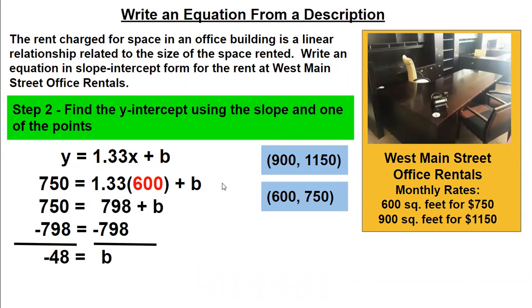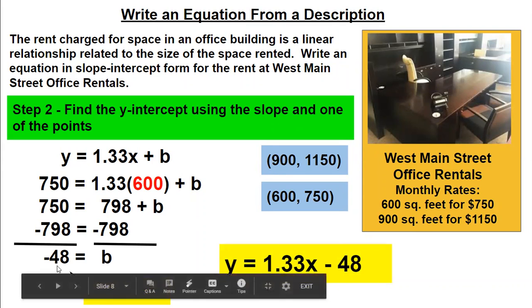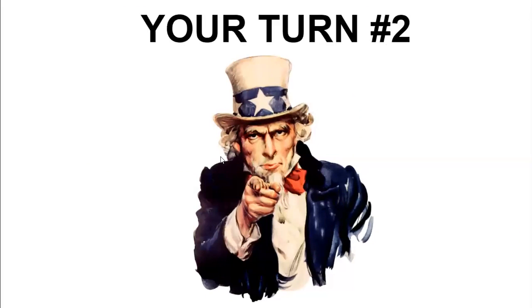That is my y-intercept. So our equation then is y equals 1.33x minus 48. Why is it minus 48? Because it's a negative number. Okay, you get to try this. I'll see you back in a moment.